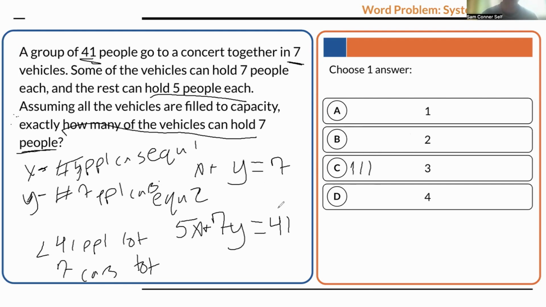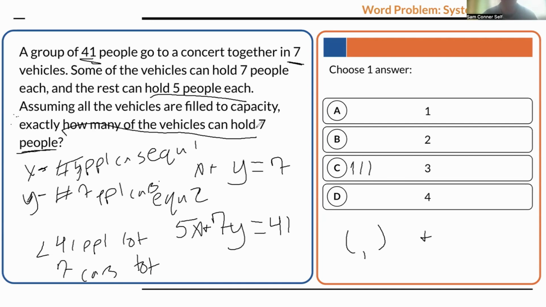Okay, so using these two equations, we're then going to solve. So x plus y equals 7 and 5x plus 7y equals 41. Again, this is going to be easiest to do by substitution. In these word problems, if they're not asking you for a point or for you to add the two values together, then you're going to want to make sure you go back to the question and look at what they're asking.